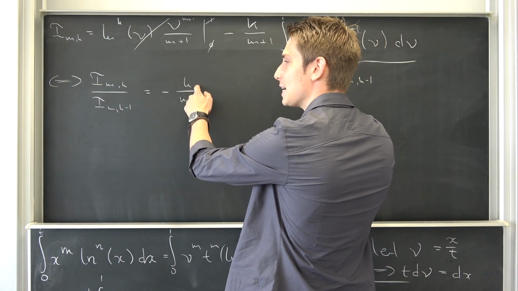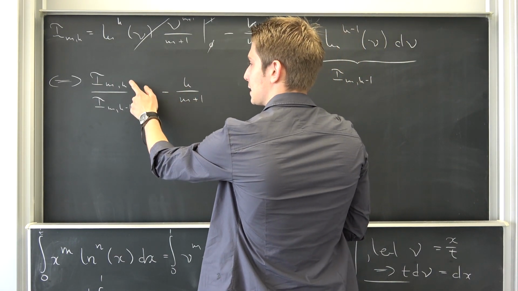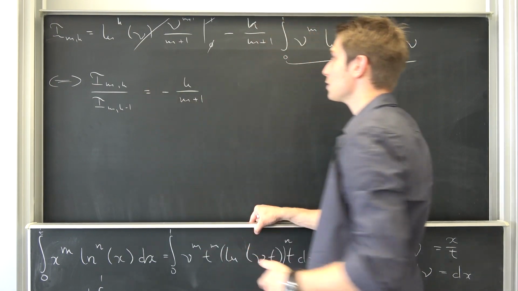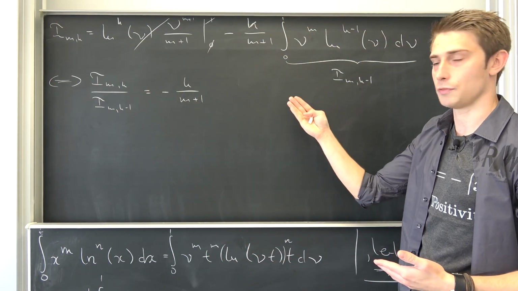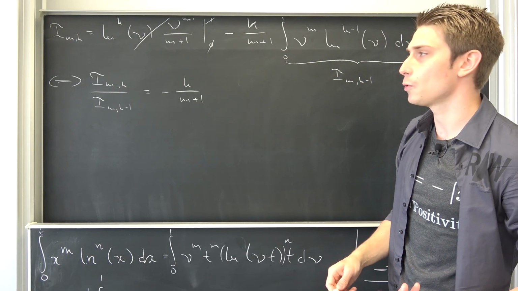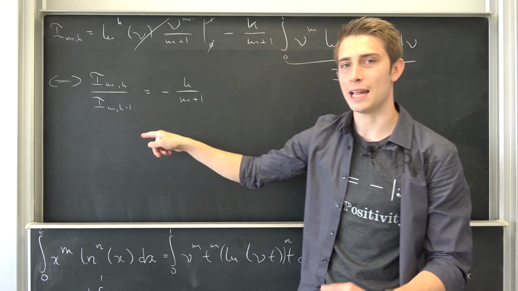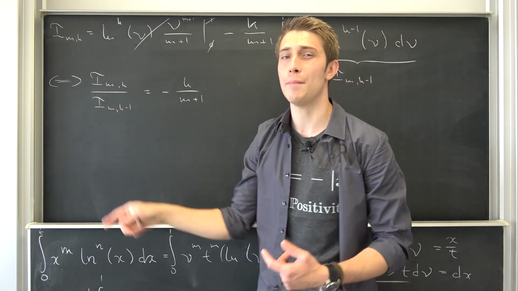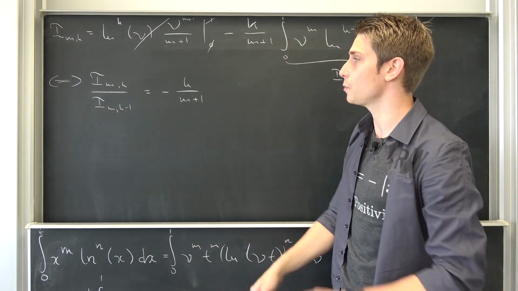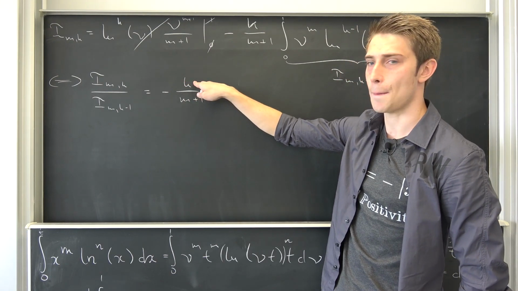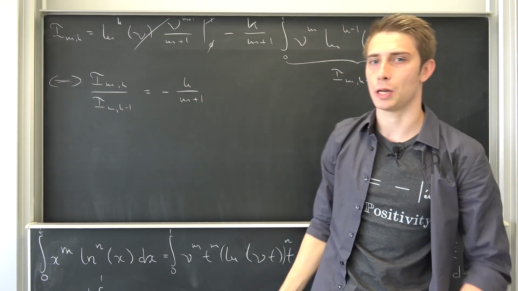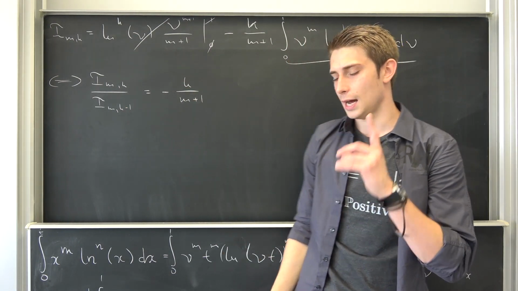And our k, well, our k is the same index as this right here. You can do another iteration of integration by parts. Meaning, if you were, for example, to take a look at I of m comma k minus 1 over I of m comma k minus 2, you are going to be left with negative k minus 1 over m plus 1. How does this help?